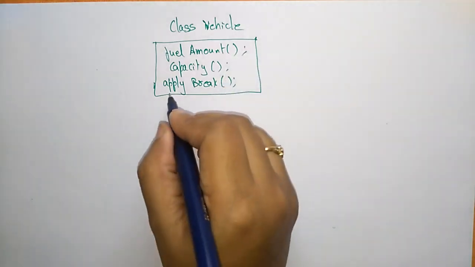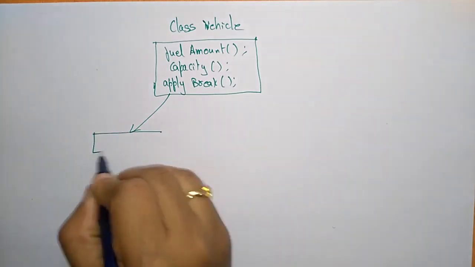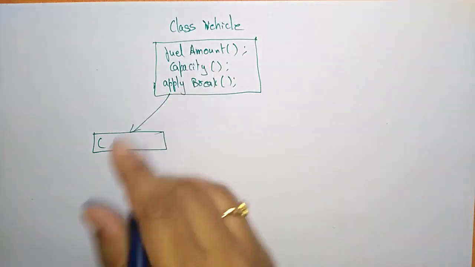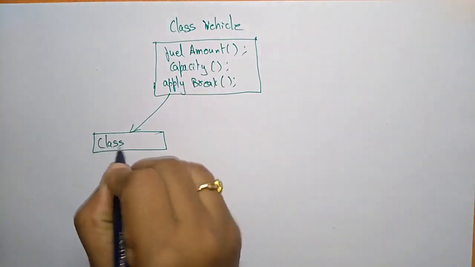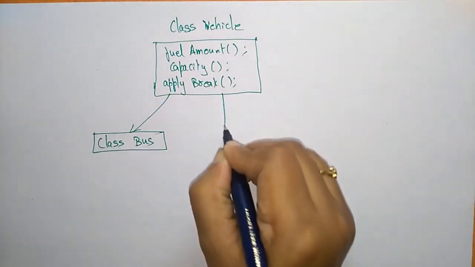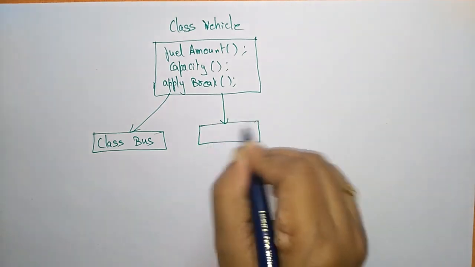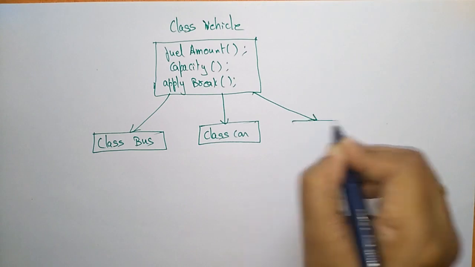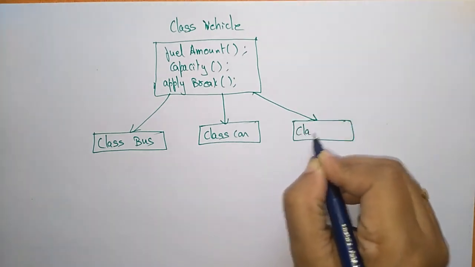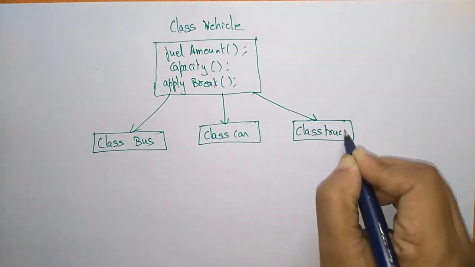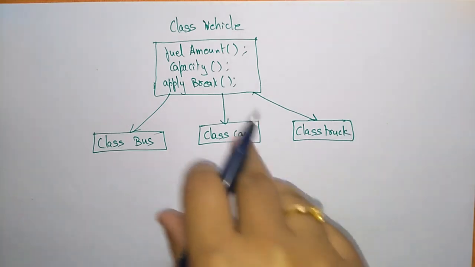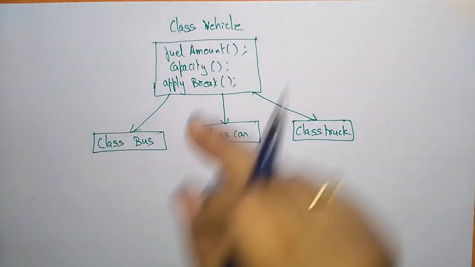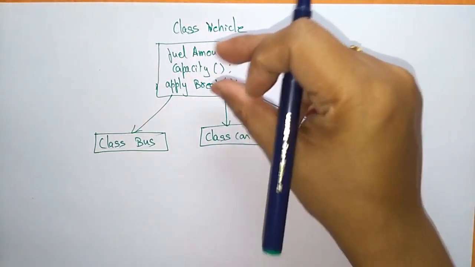Now the derived classes will use those functions, meaning they inherit the properties of the base class. So class bus, class car, and class truck. This is the inheritance property. Instead of writing the same code thrice, I am writing the code only once, in the base class.